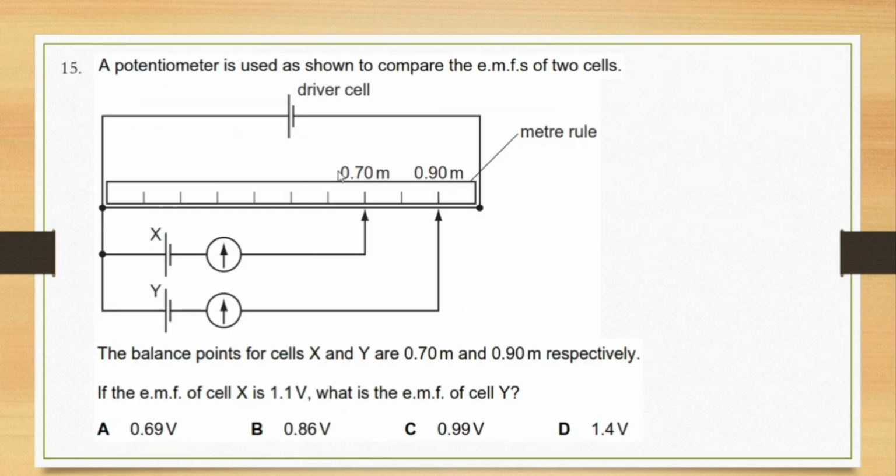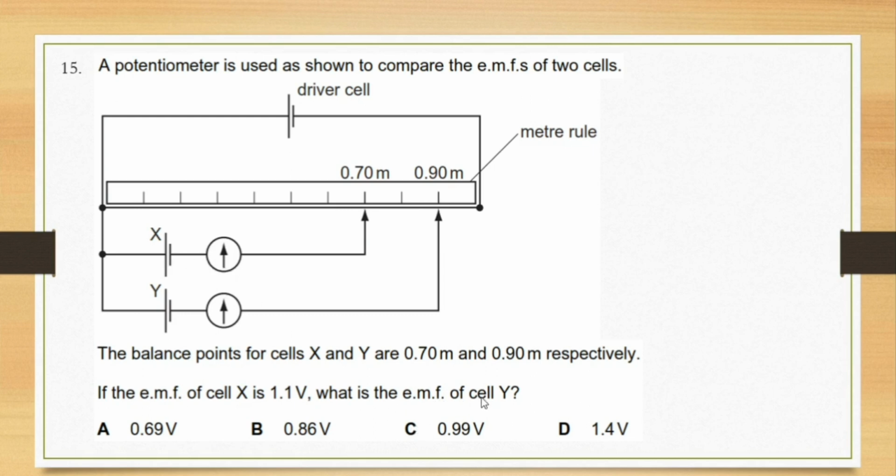Number 15, a potentiometer is used as shown to compare the EMFs of two cells. The balance points for cells X and Y are 0.7 meters and 0.9 meters respectively. The EMF of cell X is 1.1 volts.